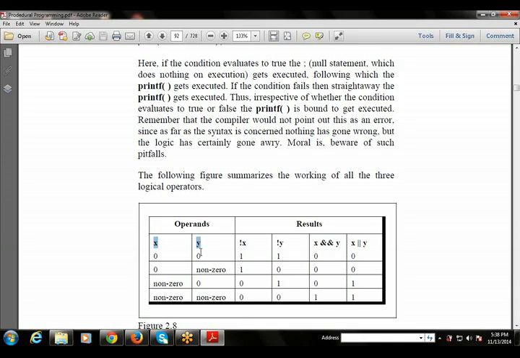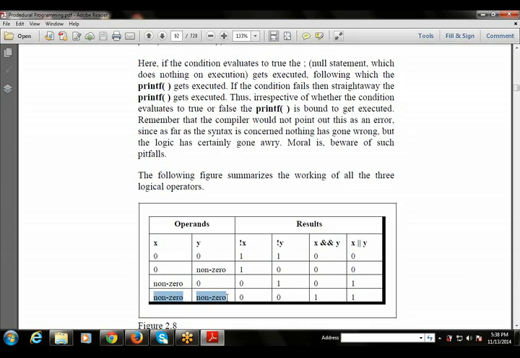AND operation means if both the conditions are true, then only the output is true. That is 0, 0. Both the inputs are 0, then the output is also 0. In this, one is 0, one is non-zero. Output is 0. Why is it 0? Because both the conditions are not true. Then non-zero, 0, then again 0.